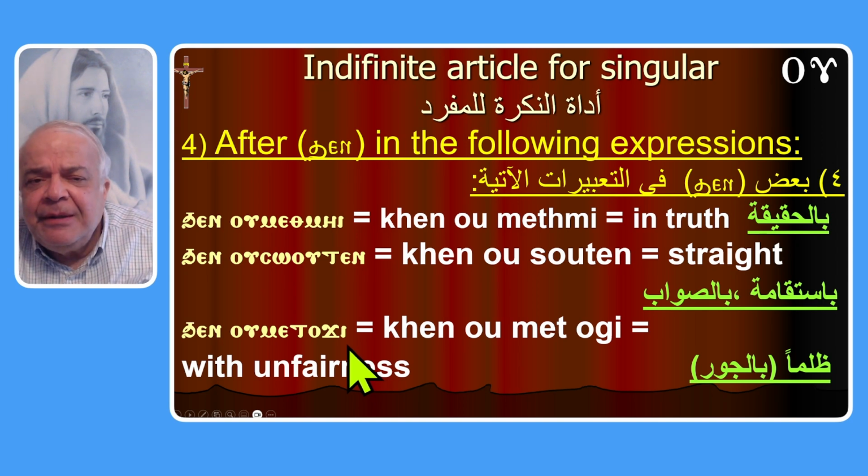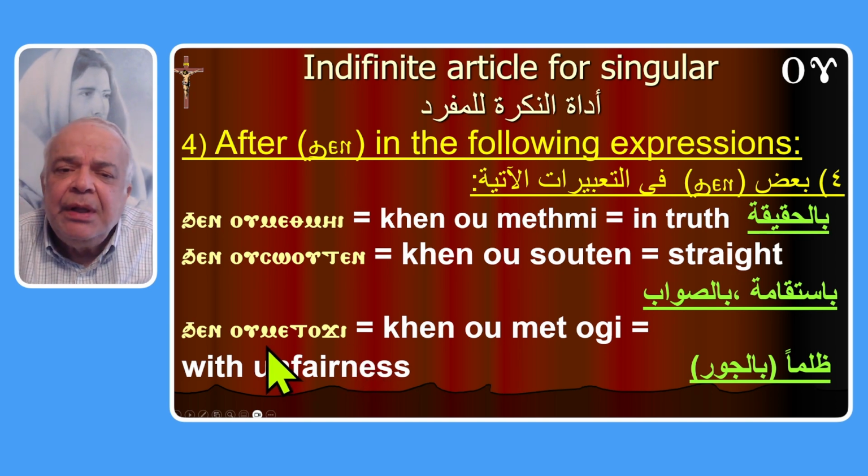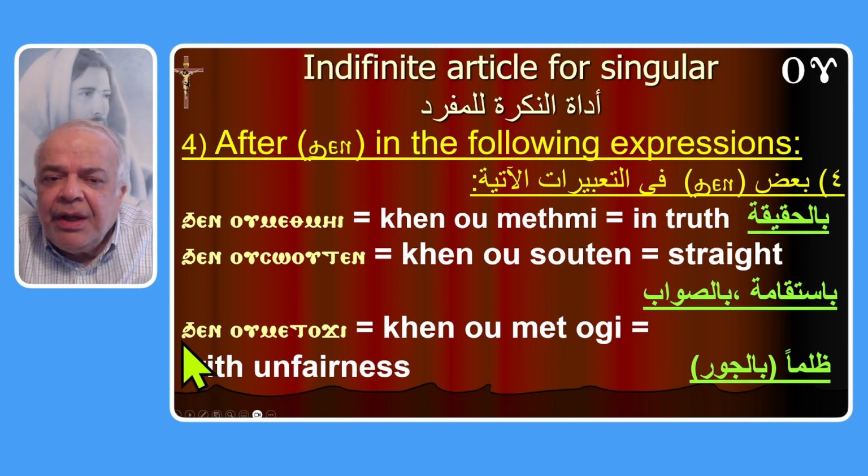For example, sini means doctor, physician. When I put met before the word sini, it becomes metsini, which means medicine. Here, ogi means unfair person. Met-ogi means unfairness. Chen o met-ogi means with unfairness.